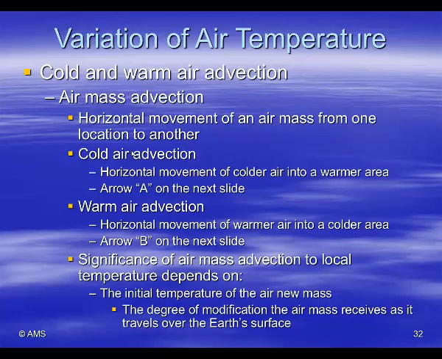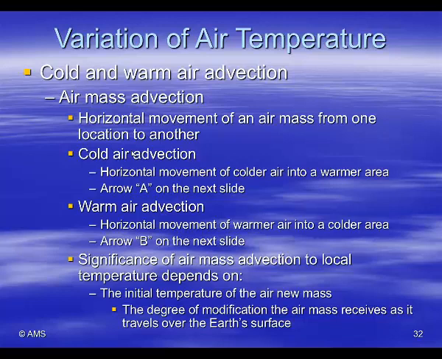When we look at the variations of air temperature, we can also talk about cold and warm air advection. So this is air mass advection. This is horizontal movement of an air mass from one location to another. So for cold air advection, we have horizontal movement of colder air to a warmer area. Okay, so maybe from Canada down to the United States.